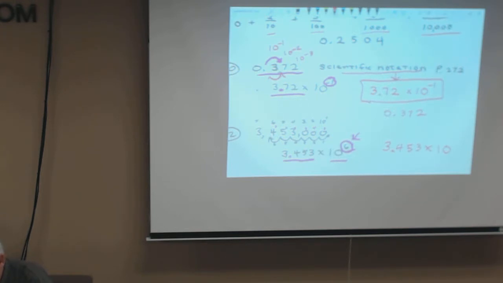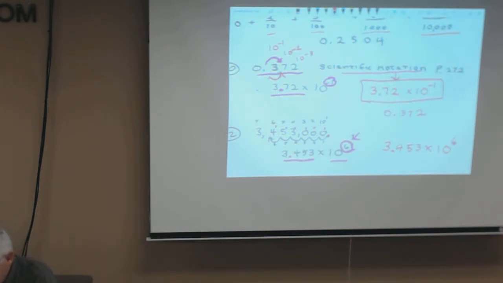Well, 3.453 is a lot smaller than 3,453,000. So how far did I move the decimal point? See how I've got this little wavy line here? This is how you show your work for this stuff. I have the decimal point here, and I move it 1, 2, 3, 4, 5, 6 times back to make this number, so it's 10 to the 6th power.